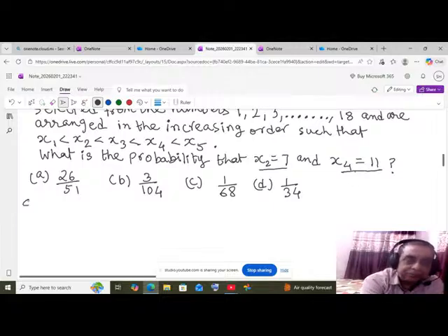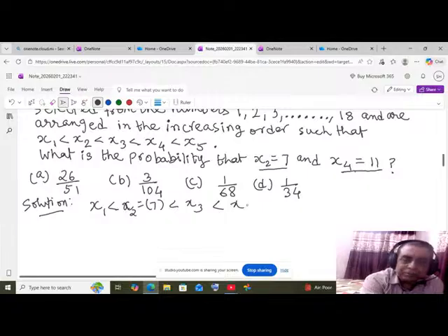Now see here, we have to find the probability that x1 is any number, but x2 is 7. Now x3 is any other number bigger than 7, but x4 is given to us as 11, and x5 is any number bigger than 11.